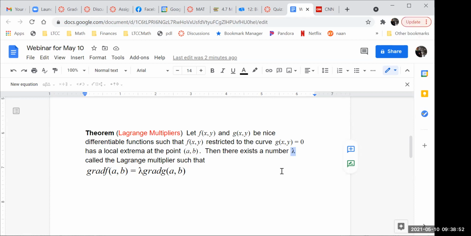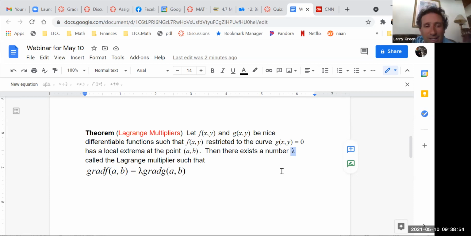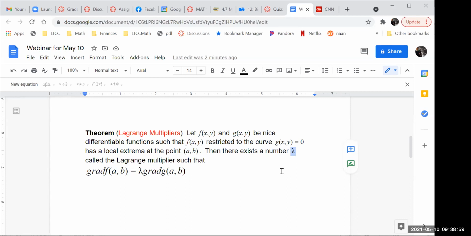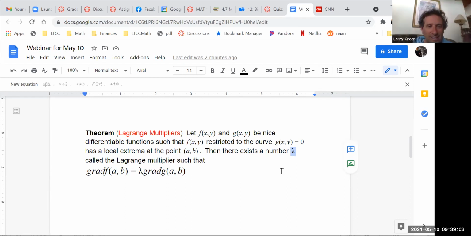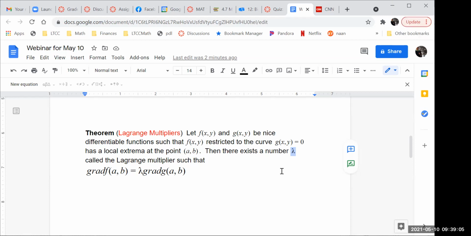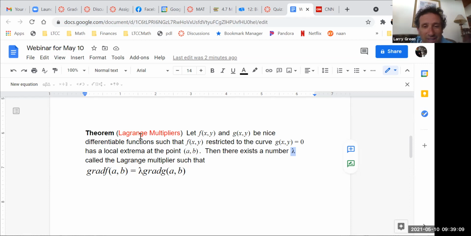Lambda. Do you know why we use the letter lambda? Because there aren't enough letters in the regular alphabet. No, that's not the reason. Because you don't want to use L. Yeah, we'd like to use L because it's the first letter of Lagrange, but L is a terrible letter to use. Why is L such a bad letter to use?